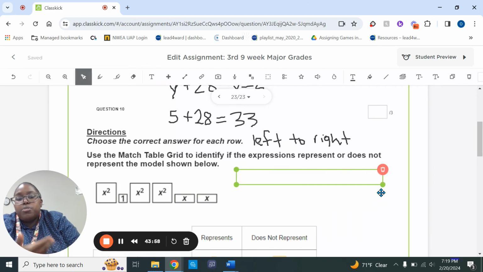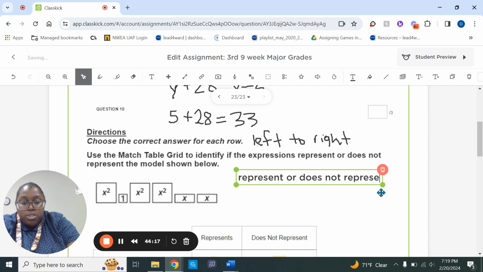What are we supposed to be doing? It needs to represent or does not represent, because they actually have both options here.